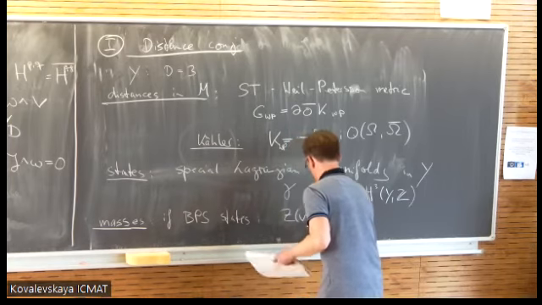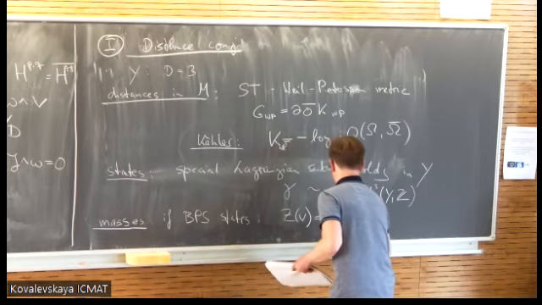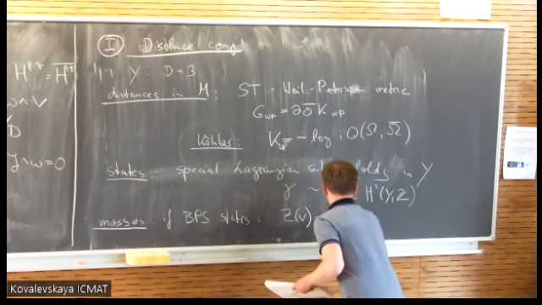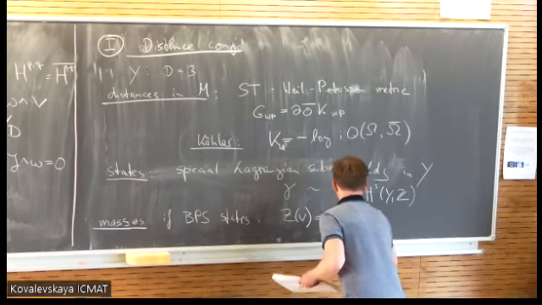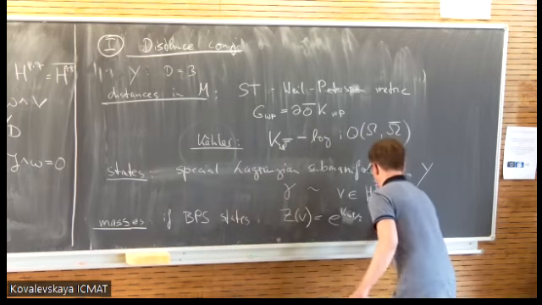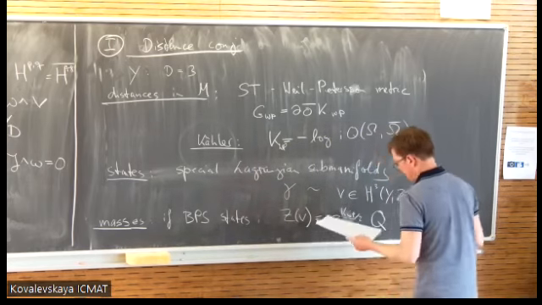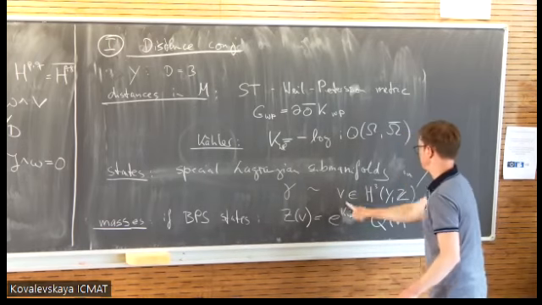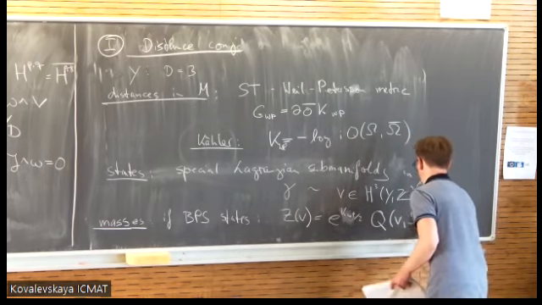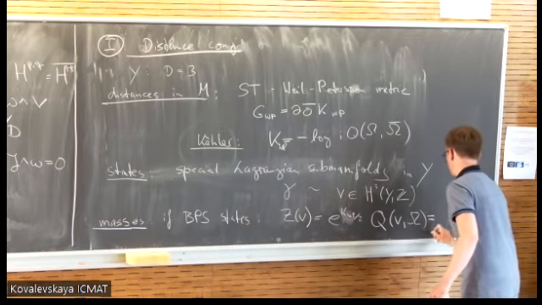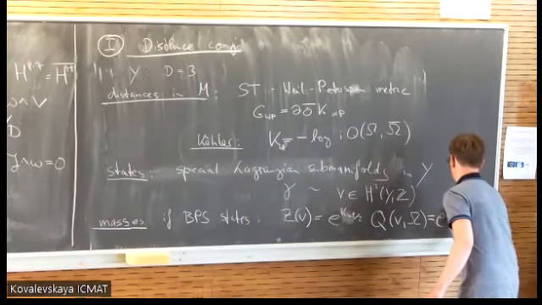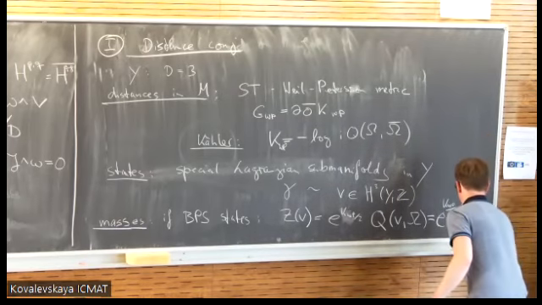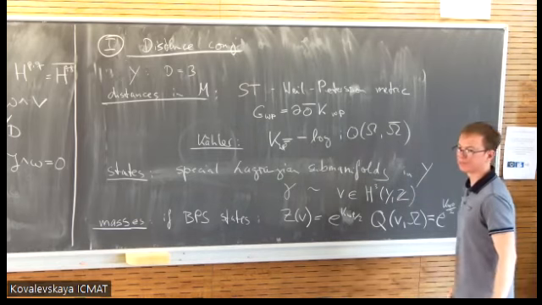The mass is computed as e to the K over 2, where K is this Kähler potential, and then our polarization, the intersection product of this class and this form omega. So this is e to the K over 2 times just an integral over gamma of omega.